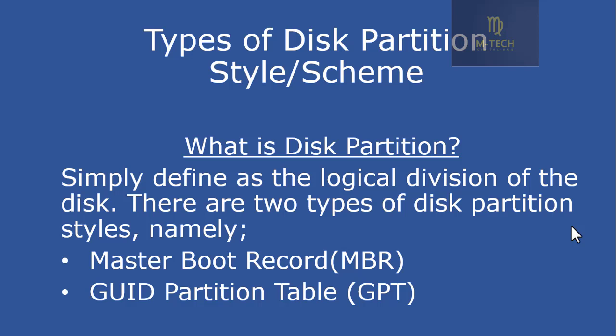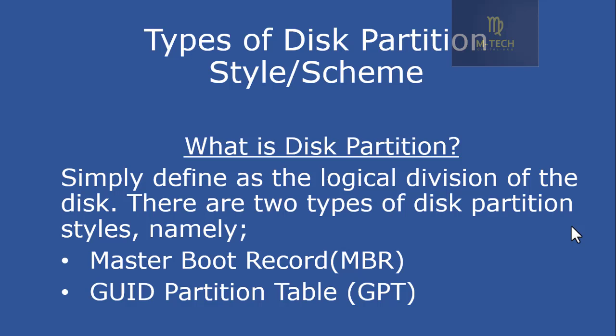Now, before you can partition or divide your hard drive, you need to apply a scheme or a style to it. So whether being a basic or dynamic disk, you have to choose one of these schemes or styles so that it will enable you to do the partitioning.